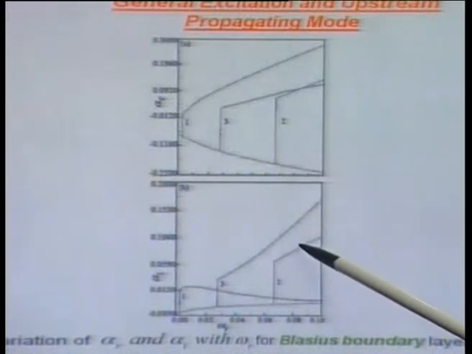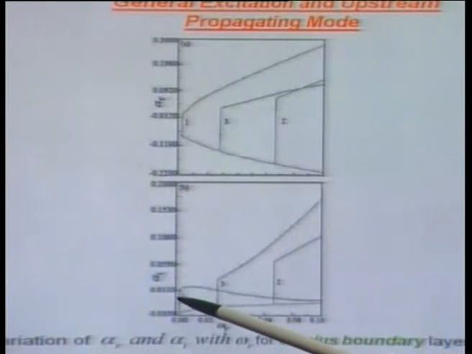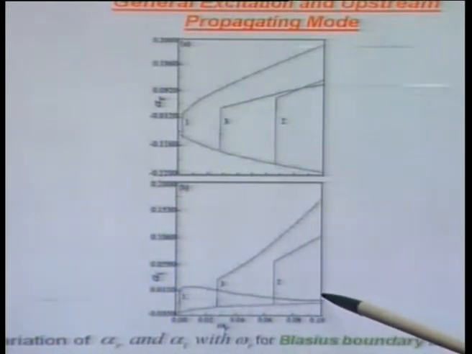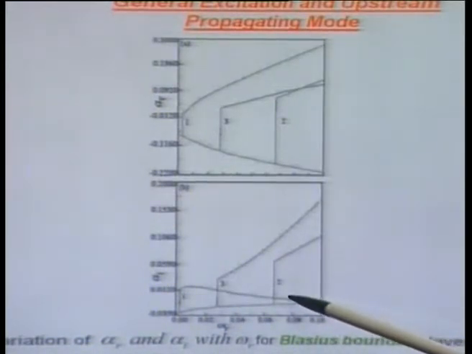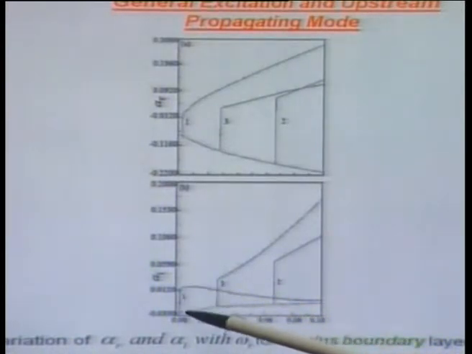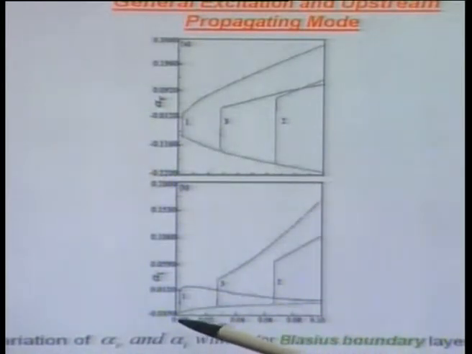So they are all decaying modes, 2 and 3, while the 1 is slightly negative, because your alpha equal to 0 axis remains slightly above this line. So it remains unstable for some frequency, then it becomes stable, and before disappearing it goes in there, and this one we get there.